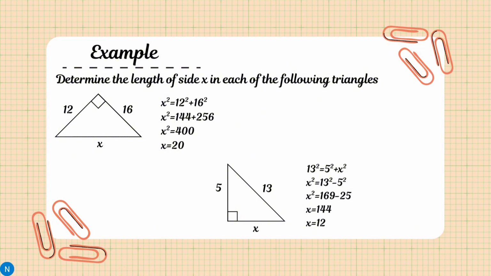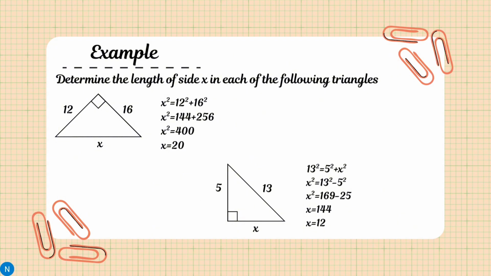Then the Pythagorean formula is x squared equals 12 squared plus 16 squared. x squared equals 144 plus 256. x squared equals 400. Find the root of 400. x equals 20.